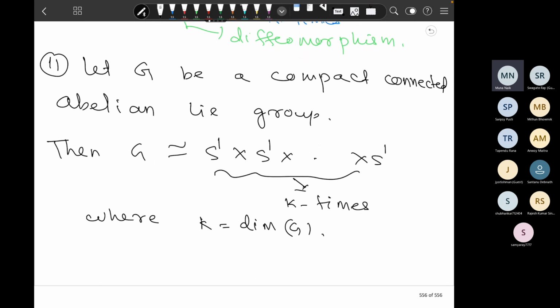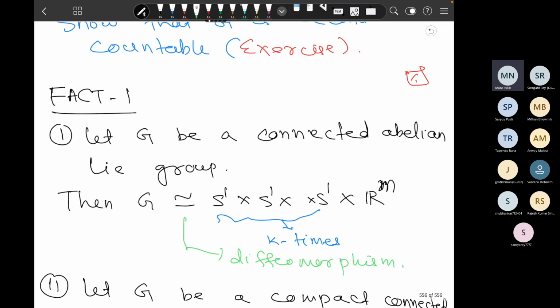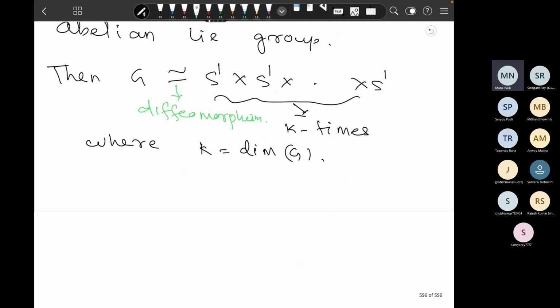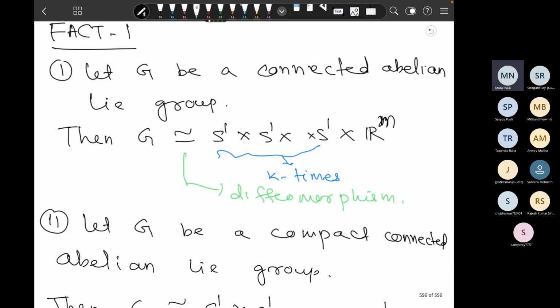This is actually a diffeomorphism. You can find proofs of these two facts in any Lie group book because this is a very standard result. Okay, so now this is the thing.